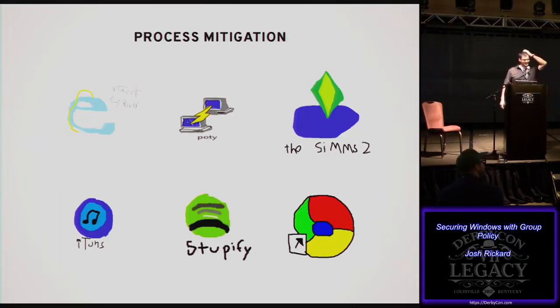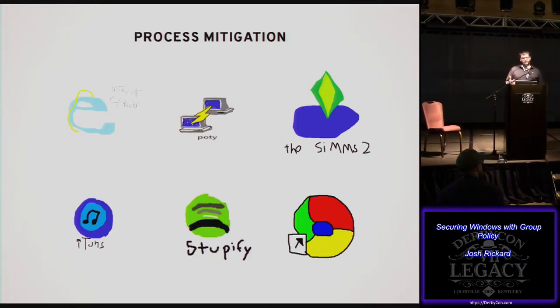Stupid bad. So with Windows Server 2016 and Windows 10, there's a new group policy setting that you can use, and it's called process mitigation. Anyone here ever heard of EMET? Yeah, everyone's heard of that. So this is kind of a new feature, again, for the newest version.